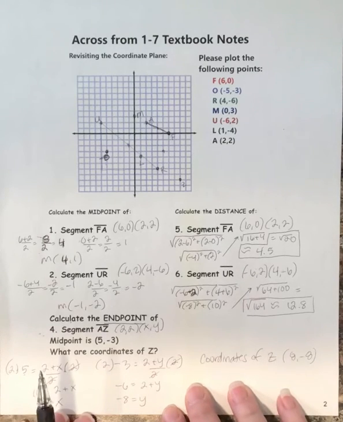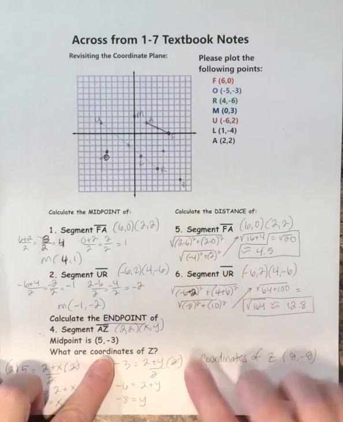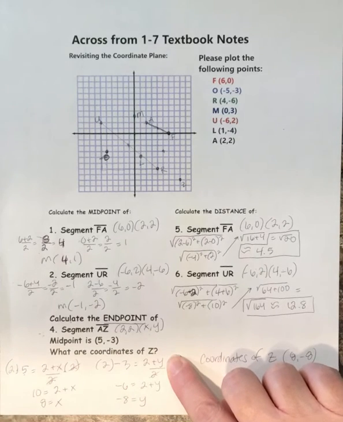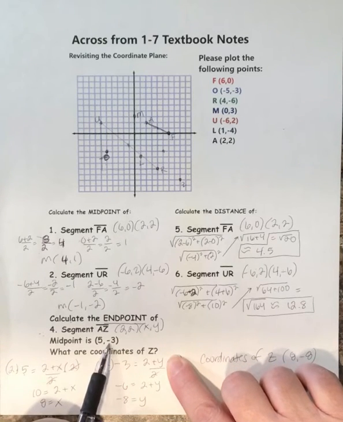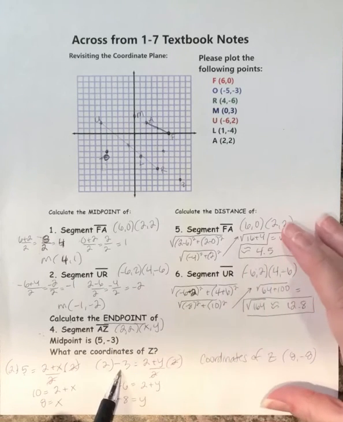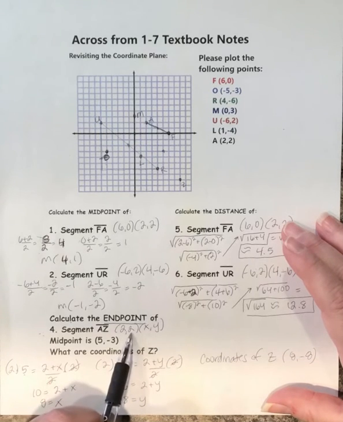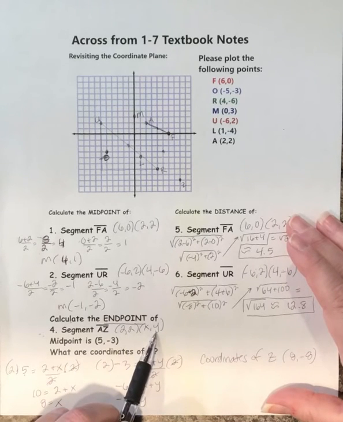Then I'm going to do the same thing for the y's. So again, I kind of started without those there. The y coordinate of the midpoint is negative 3. And it is the 2 endpoints added together divided by 2. Well, I knew this y was 2. I did not know this.